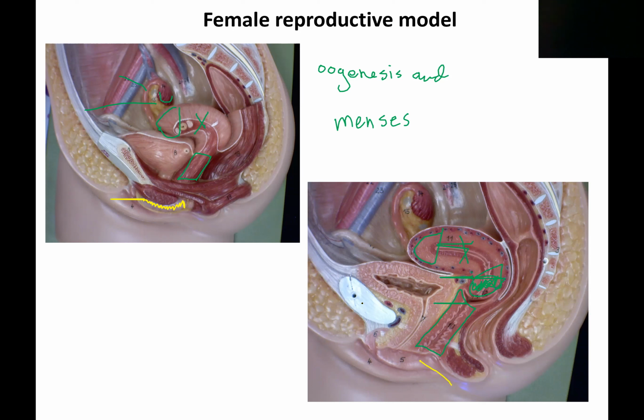Labia minor and labia major cover the vaginal and urethral orifices. You can see the labia major here.